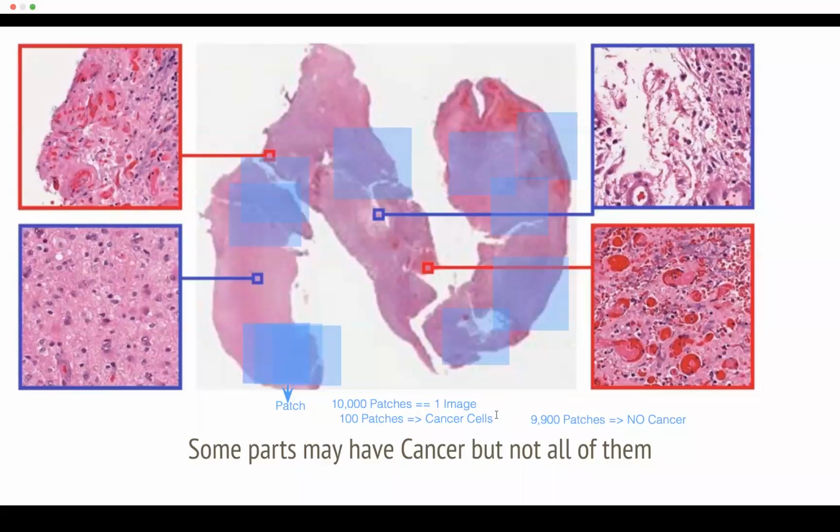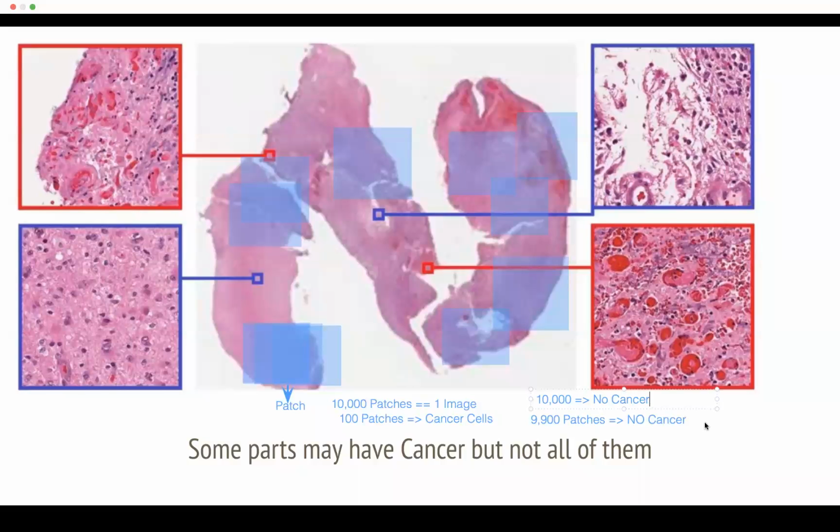And very likely a random given patch is not cancer. So how do you even train a model? Because remember, in CNNs, we know that each image, each patch, has to have a label. So what if I consider all patches in this image to be cancer? The problem is, 9,900 patches of this slide don't have cancer, and in the slide which actually doesn't have cancer, the negative case, all 10,000 patches will not have cancer.